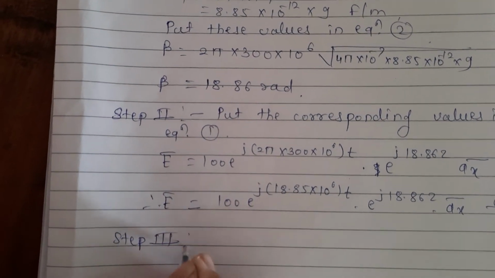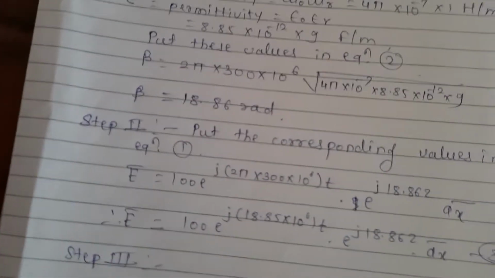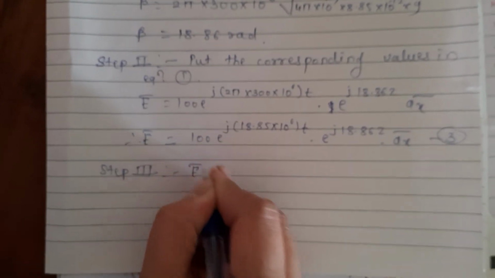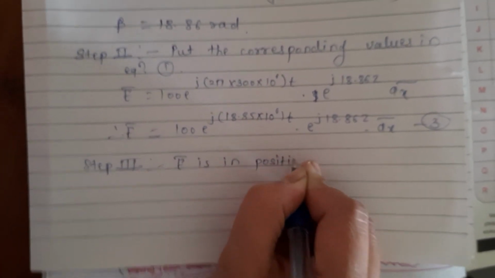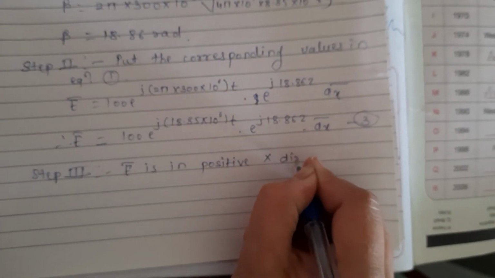Next is step 3. Now E bar is in positive x direction.